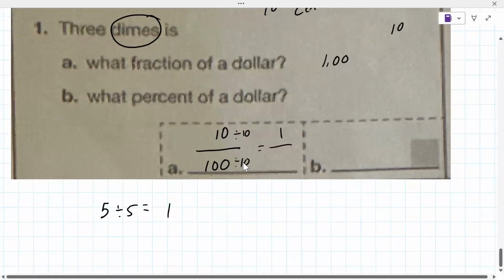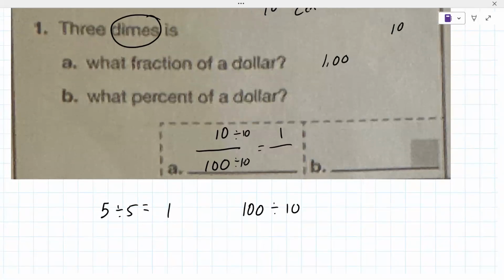Now, 100 divided by 10. What that really is asking you is, 10 times what number gets you back to 100?